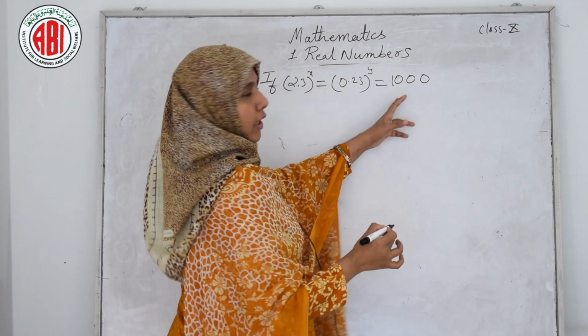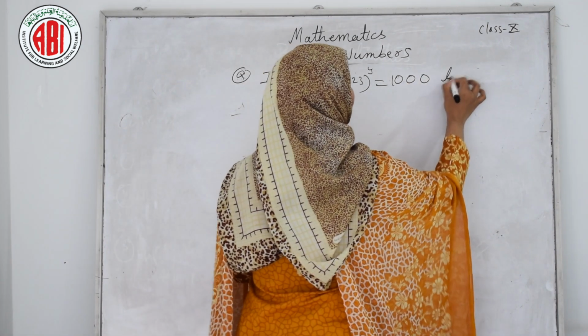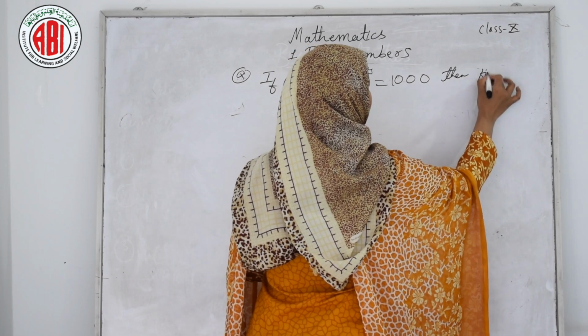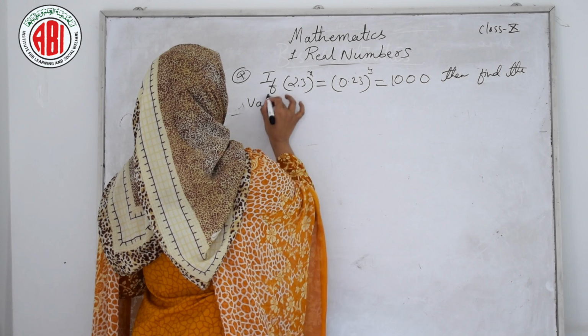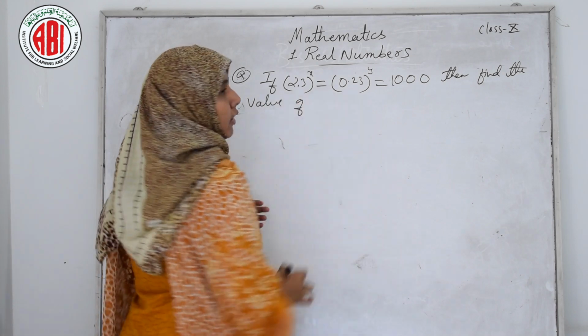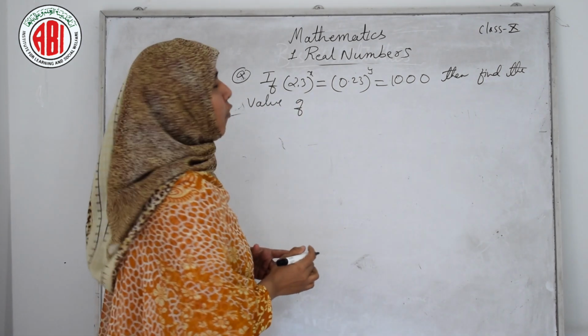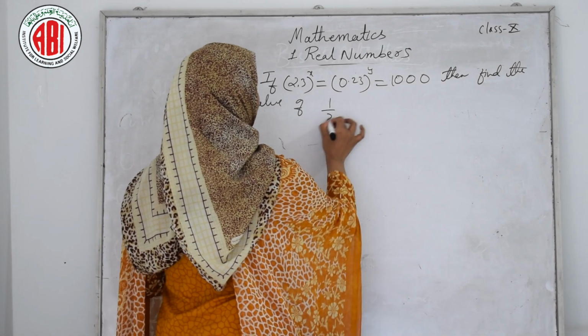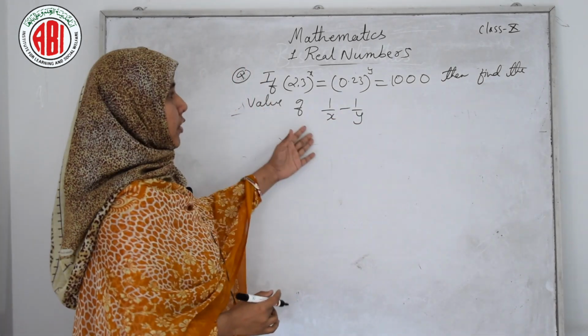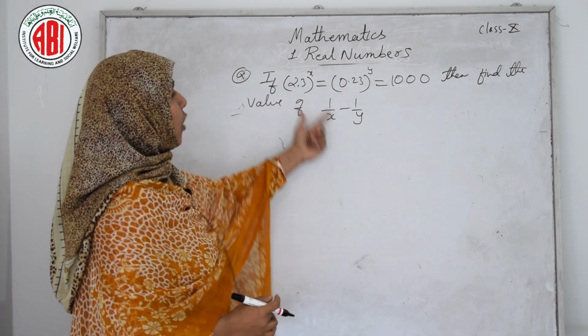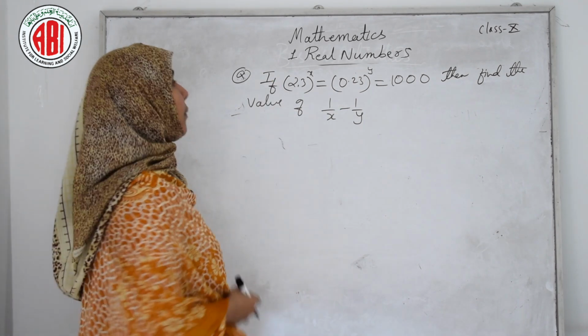All these three are equal. Then you have to find the value of 1 by x minus 1 by y. This is the question. With the help of this, how do we find the value of 1 by x minus 1 by y?